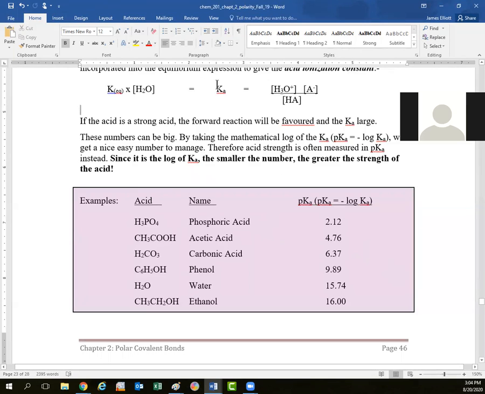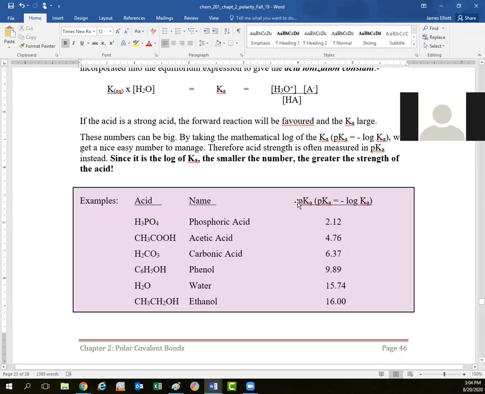And so we can take the negative log of the acid ionization constant, what we call the pKa. It just gives us a much easier value to work with instead of these really small values of 10 to the minus 4 or 10 to the minus 5.